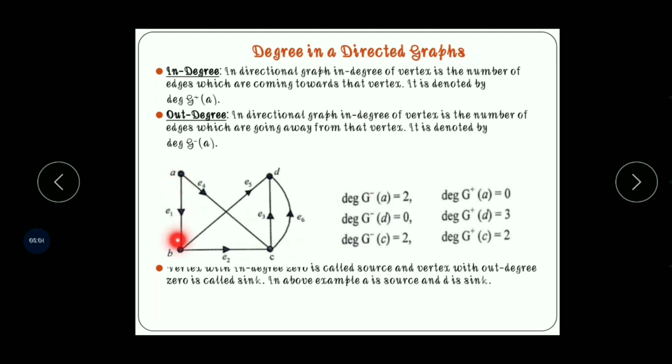Here also rays are going out of A. And sink is something which attracts everything, so D is attracting. Everything is going inside D, so that's called sink. So this is degree in a directed graph.